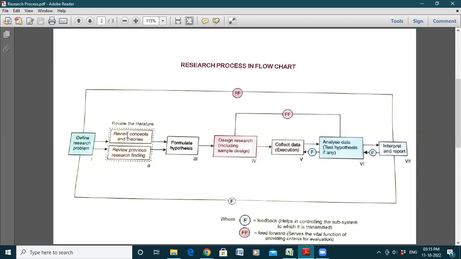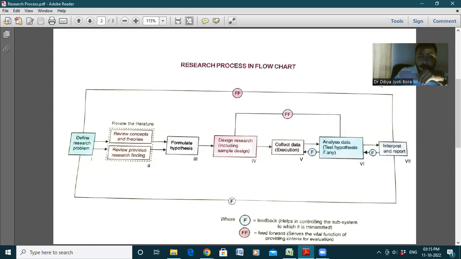So review of literature consists of two sub steps. Review concepts and theories. आपको उस कॉन्सेप्ट के बारे में भी पढ़ना है, थ्योरीज के बारे में भी आइडिया आपको लेना है, राइट? एंड रिव्यू प्रीवियस फाइंडिंग. दैट इज द मेन थिंग दैट यू हैव टू रीड द रिसर्च पेपर्स.